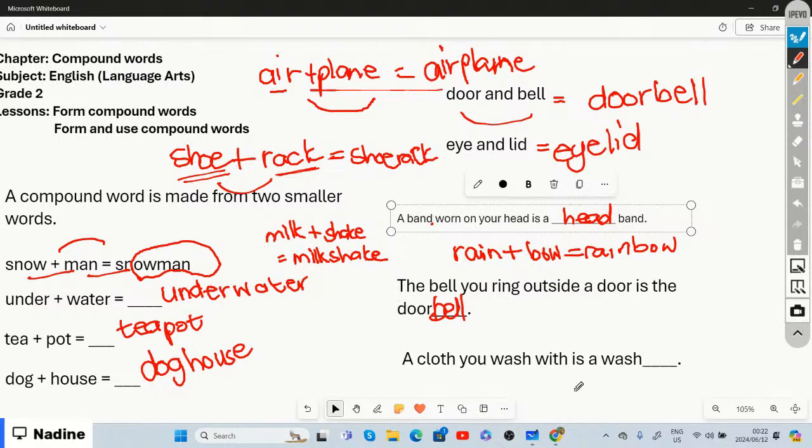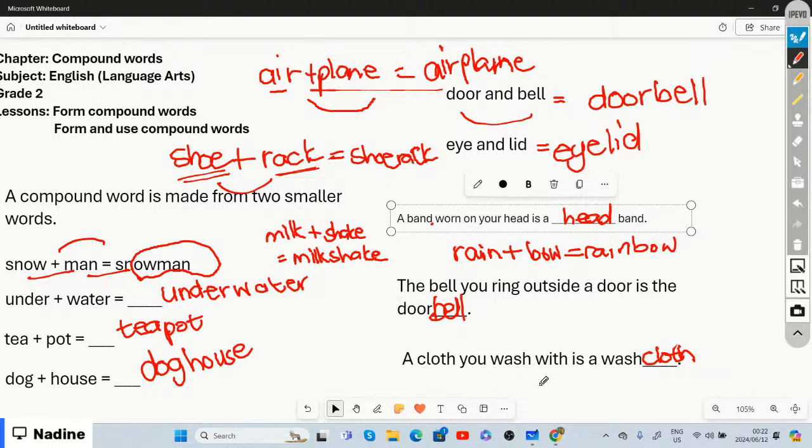Firstly, a cloth that you wash with is a wash what? Treehouse is definitely correct. Raincoat is definitely correct. School plus bus is school bus, yes. And then we can say a cloth you wash with is a washcloth, right? And then we have sun plus light, it's sunlight.